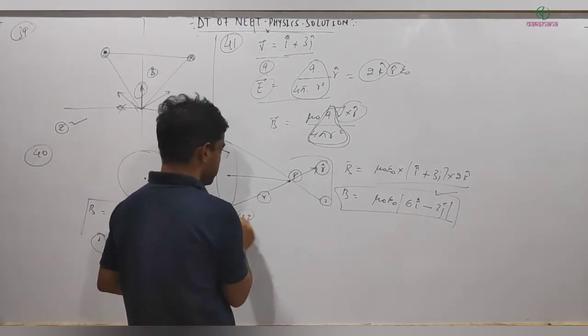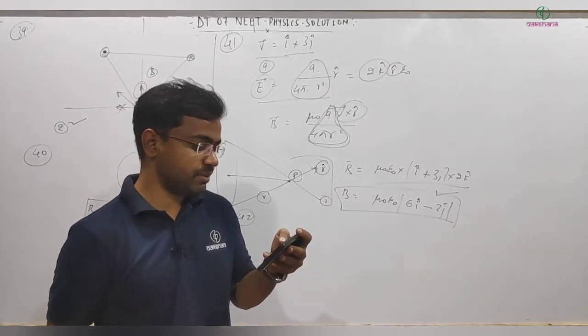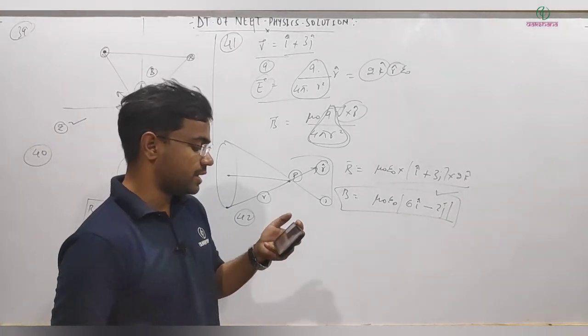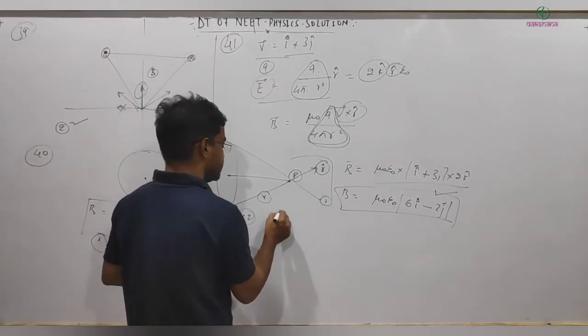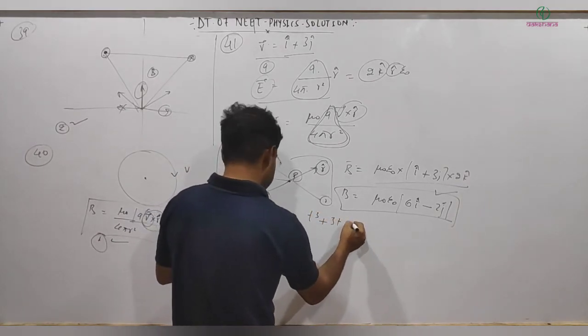Next, question number 42. The flux linked with the circle is given by phi, and the graph is between time on the x-axis and induced EMF. So first, phi is given as t cubed plus 3t minus 7.